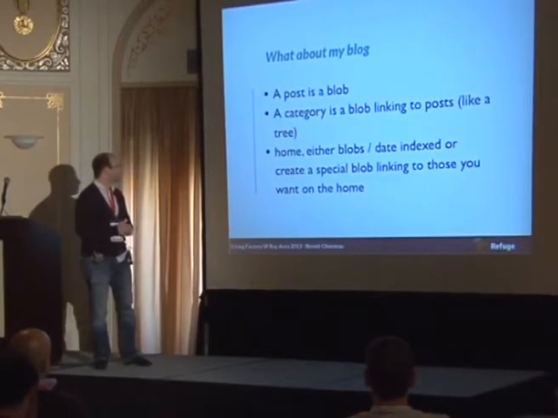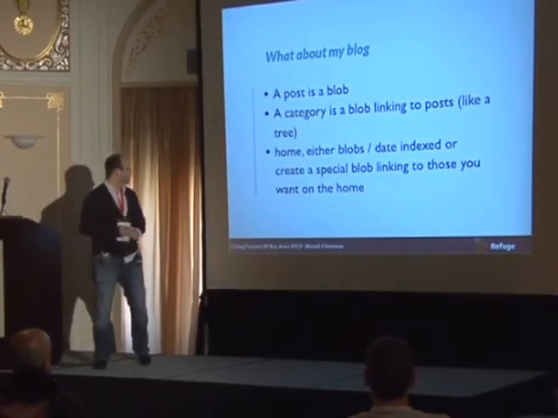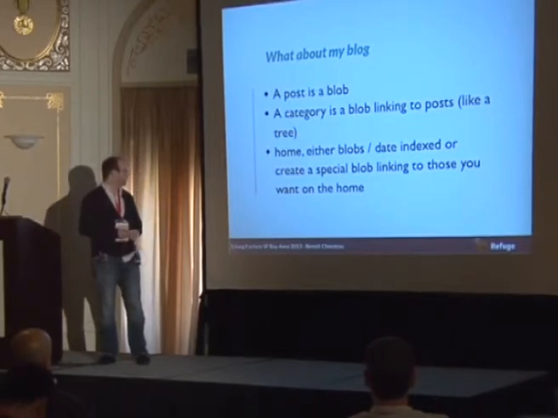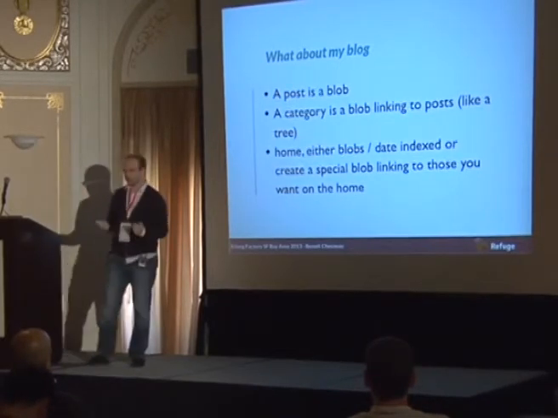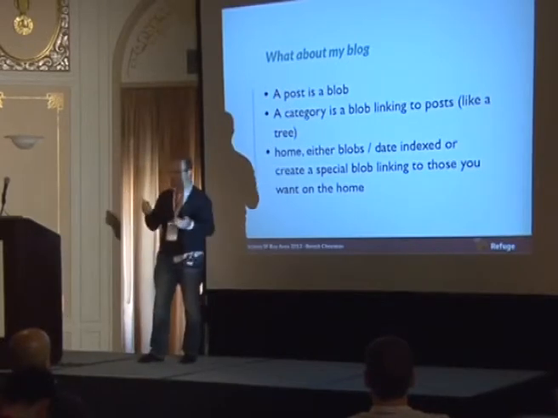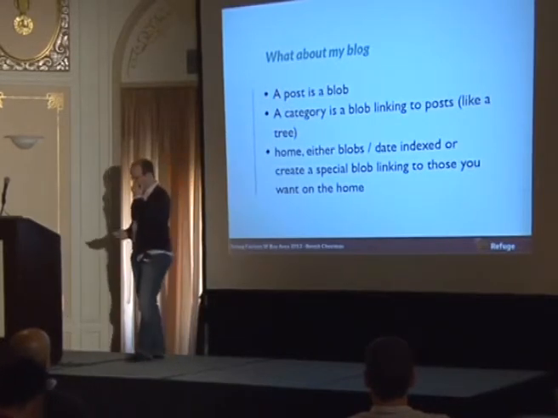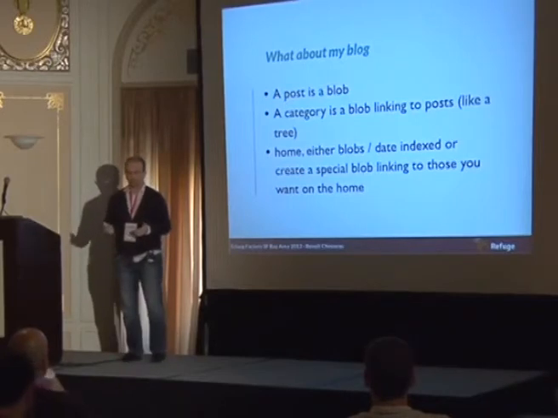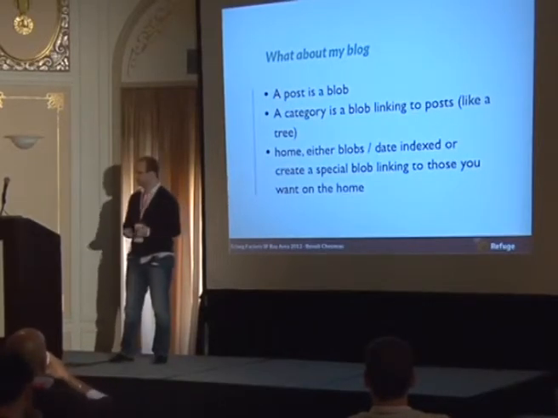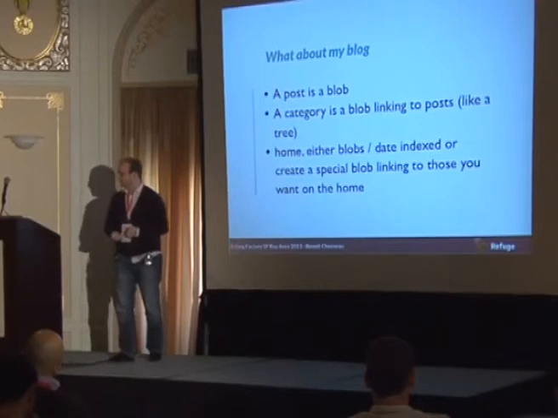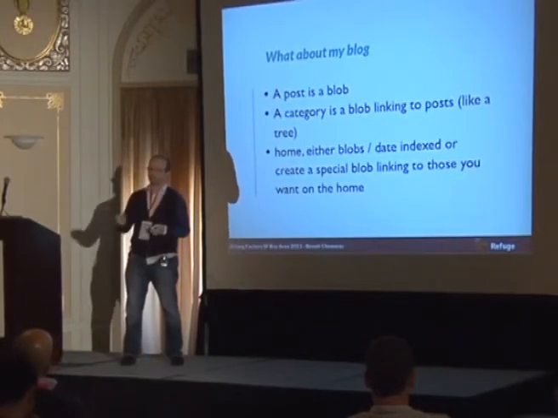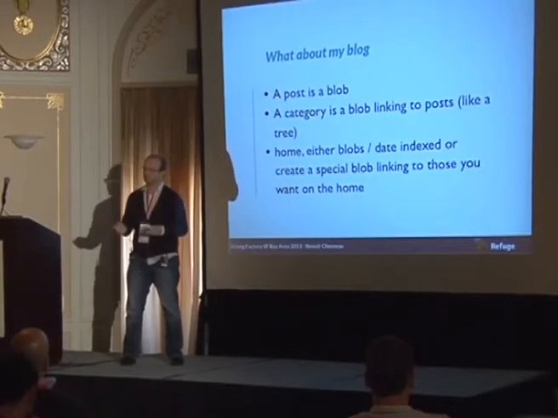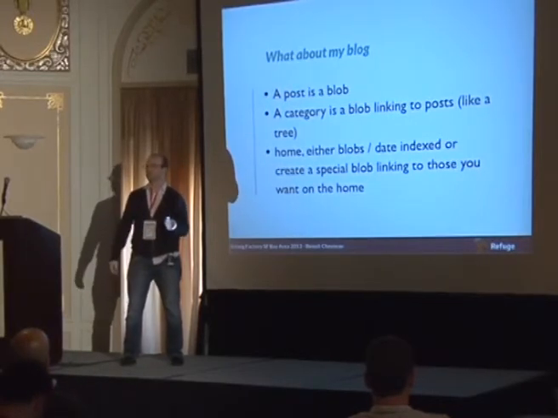What about a blog? Sorry, a post is a blob. A category, so if you want to have a category in blobs, is also a blob. It's working just like tree. And for the home, either you have a blob describing all the blobs that you want to display on the home, so you will have to create it.